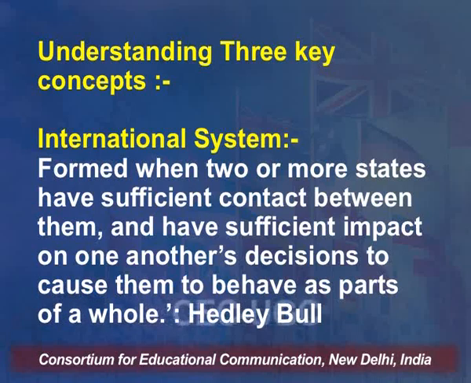International system is defined by Hedley Bull as being formed when two or more states have sufficient contact between them and have sufficient impact on one another's decisions to cause them to behave as parts of a whole.